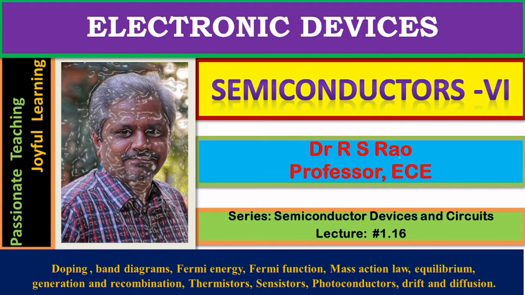Semiconductors and metals, they differ mainly in two different ways. In metals, the current is due to flow of electrons, whereas in semiconductors, in addition to electrons, hole movement also gives rise to current.